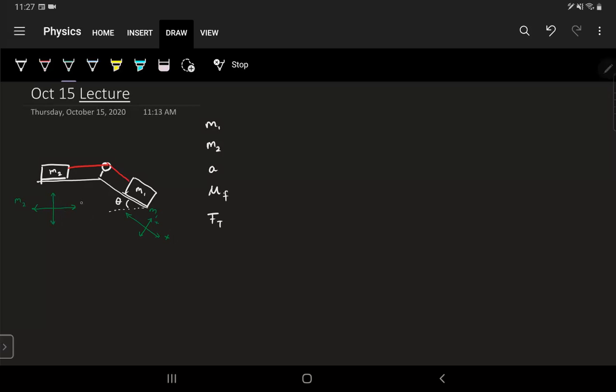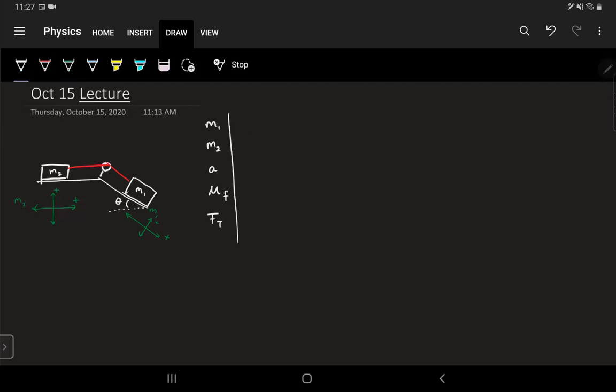I want going to the right to be positive, and going up to be positive. Same for M2: the flat axis. You want the x-axis to be parallel with the surface. Going to the right is positive and going up is positive.